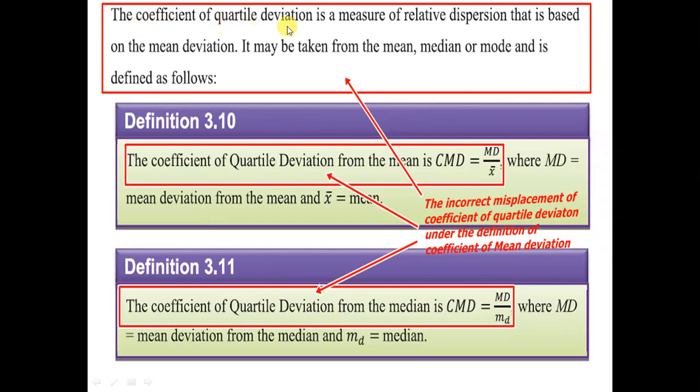The coefficient of mean deviation is a measure of relative dispersion that is based on the mean deviation. It may be taken from the mean, the median, or the mode. We have then three coefficients of mean deviation: the mean deviation from the mean, the mean deviation from the median, and the mean deviation from the mode.